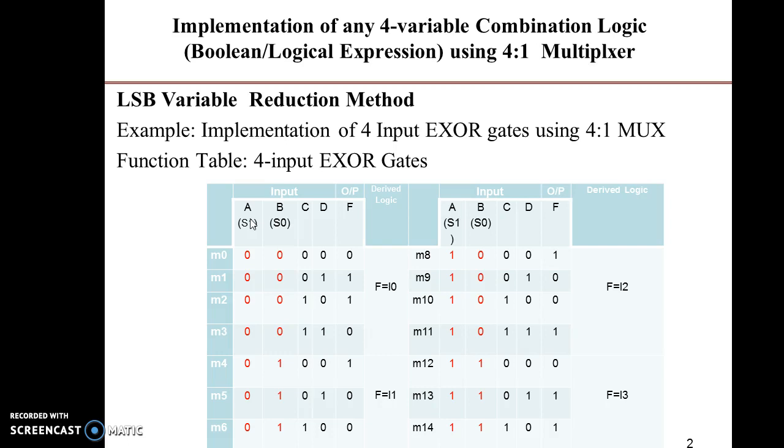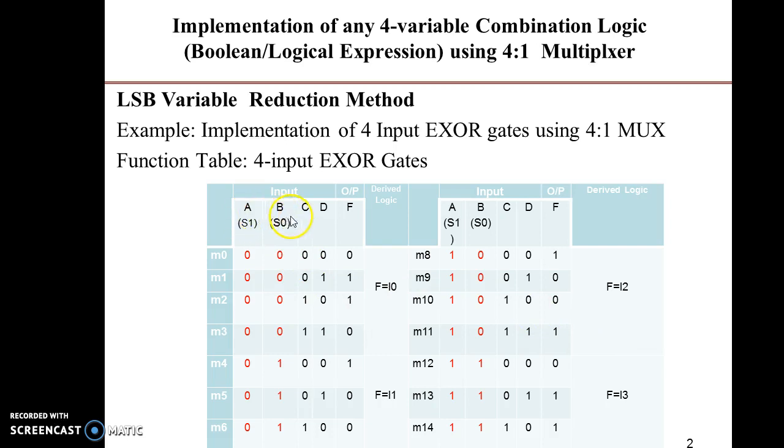I am going to reconfigure my 4:1 multiplexer circuit so that it can act as an XOR gate. The limitation from my multiplexer side is that it doesn't have an appropriate number of select inputs.